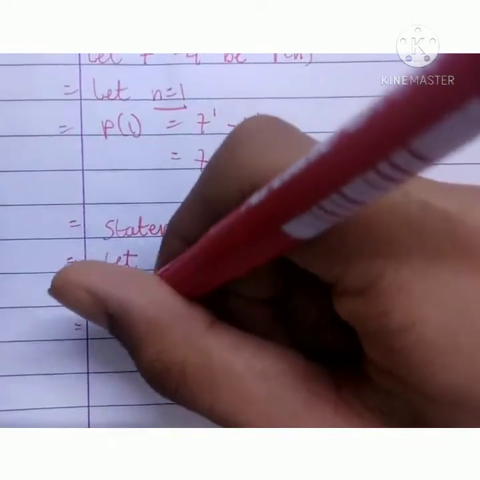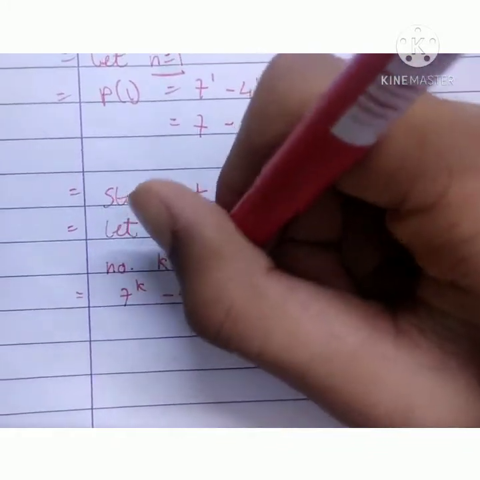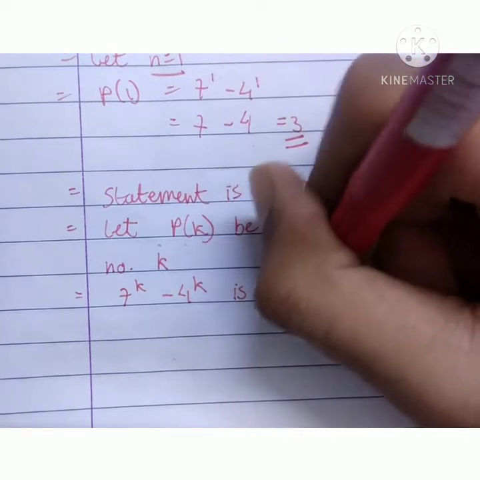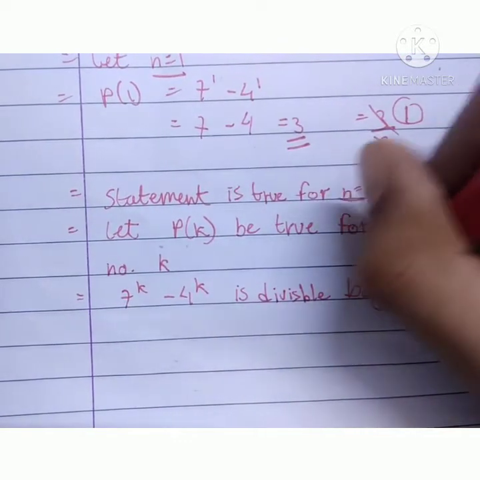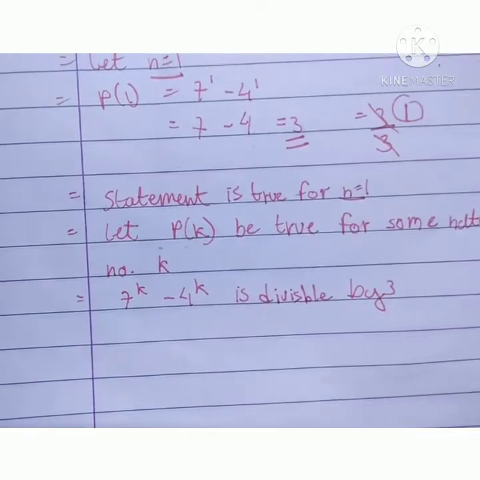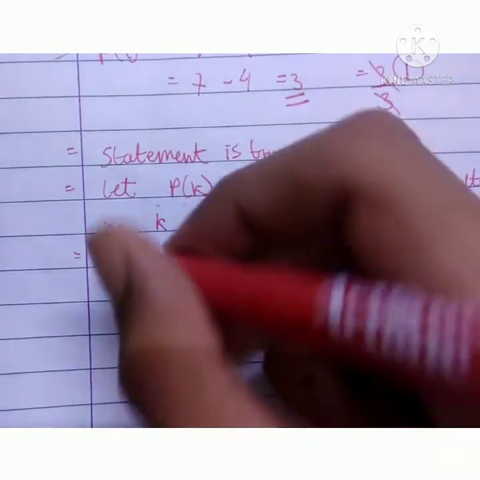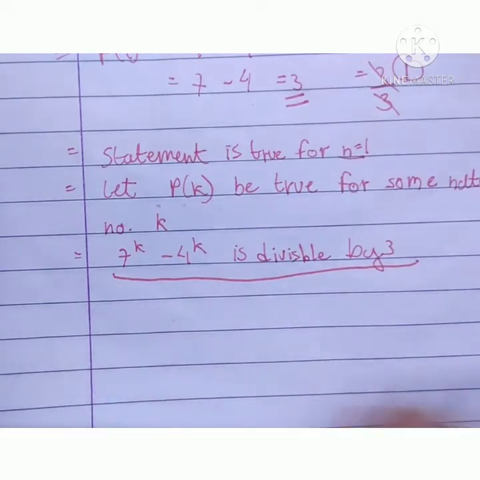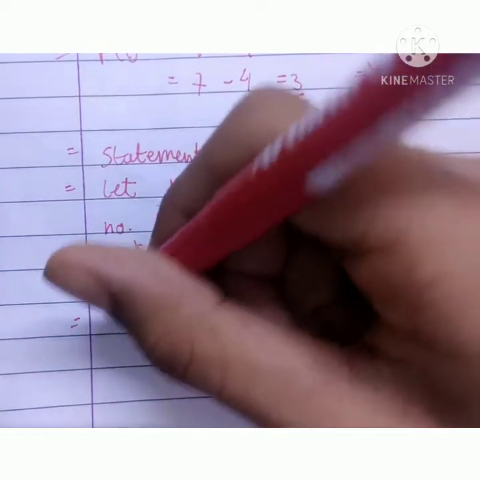So let's do it. 7 raised to k minus 4 raised to k is divisible by 3. So we are letting, for now, that this statement is true. We are assuming that this statement is 100% true.